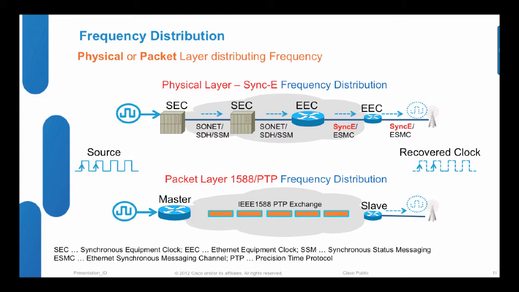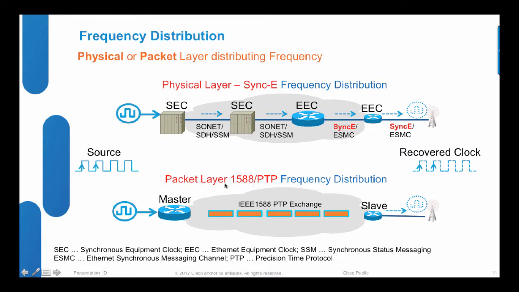So how do we distribute timing across the network? Well, there are 2 ways of doing it. One is the physical layer, and this is what we'll be focusing on, also known as synchronous Ethernet. There's also another way, which is the packet layer. You've probably heard of 1588 version 2, Precision Time Protocol, and so on.